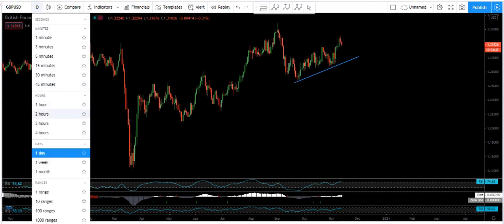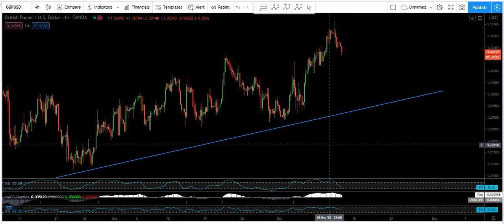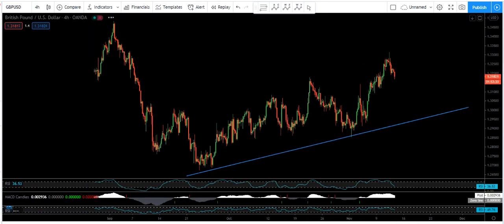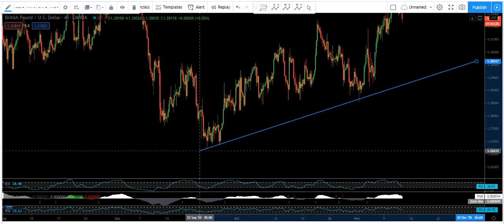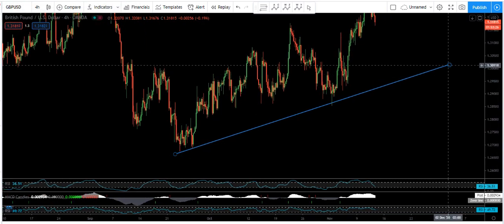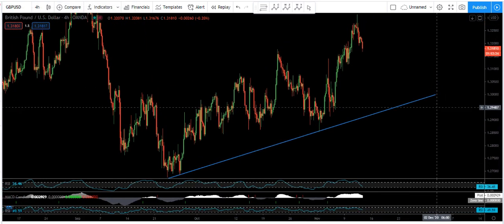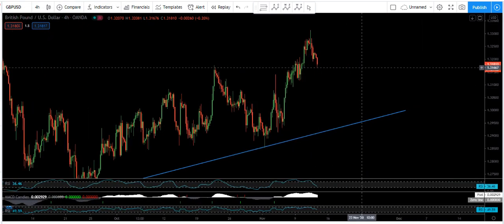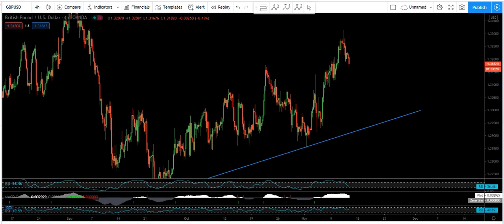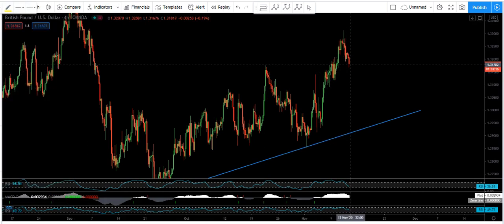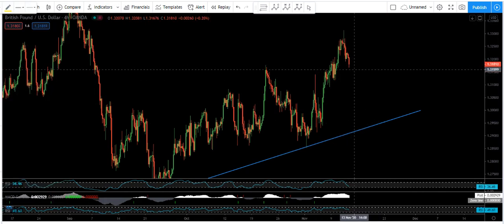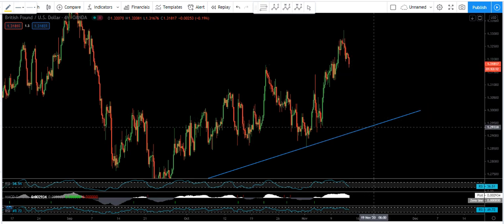In this case, we move to the four-hour chart. Based on the four-hour chart, as we can see, the price is dropping, but we don't have any trade setup. What we want to know is, if the price drops, whether the price can come to this low, this trend line which I drew here.